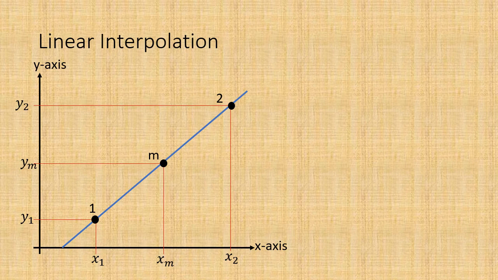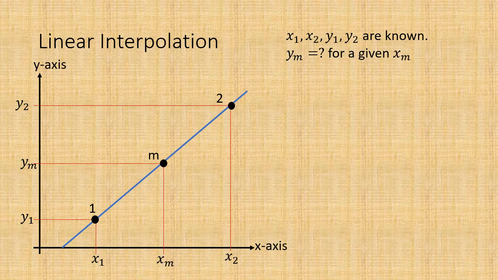Let's say we know the x and y values for both points 1 and 2, and we want to find the y value of point M for a given x value xm. We can use the similarity of triangles to come up with a relationship.